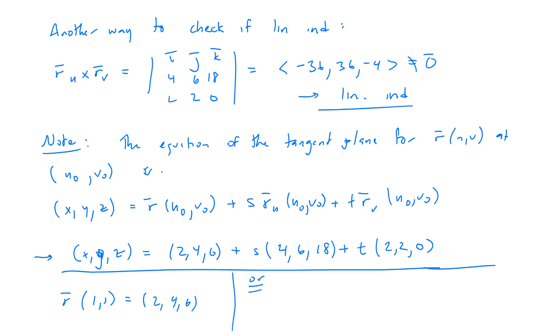So therefore, what is this vector called? Or what is that vector's relationship to the tangent plane? It's a normal vector.